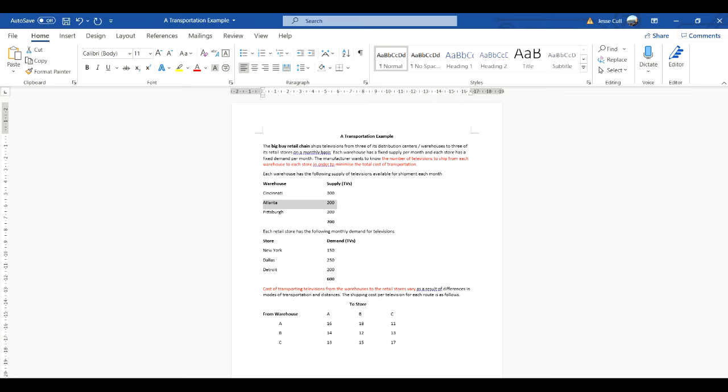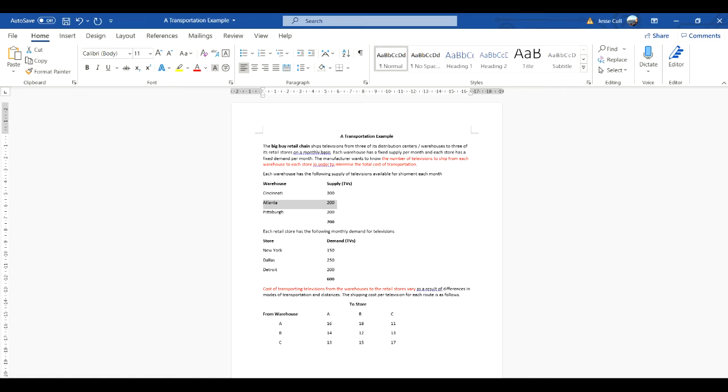So, in this situation, the shipping cost per television for each route is as follows. From A to A, $16, A to B, $18, A to C, $11, etc. So this is a situation where we have both warehouses and stores to consider. It's not quite as simple as what we've done, but it's not very complex either.